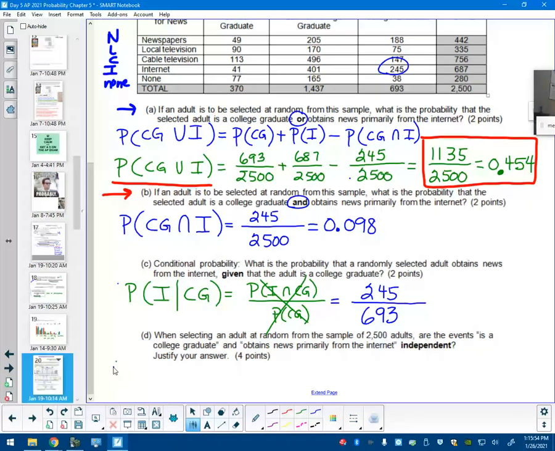This question is only interested in college graduates and people who get their news from the internet. Is that the way that it always works, Mrs. Garrett? No. But it is the way that this problem works because they're trying to get you to do something here in the very last step. All right, and if you put that into a fraction, you get a nice repeater going.